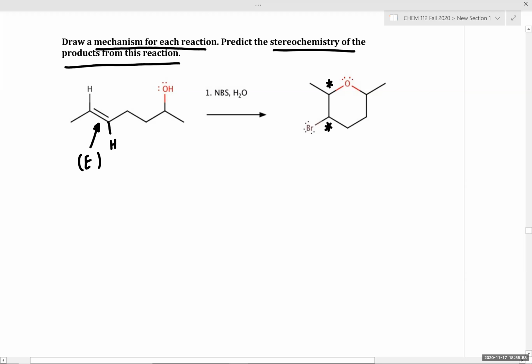So does anyone have a proposal that they'd like to share for this mechanism using the annotate tool? Does anyone have a proposal for this mechanism that they'd like to share?